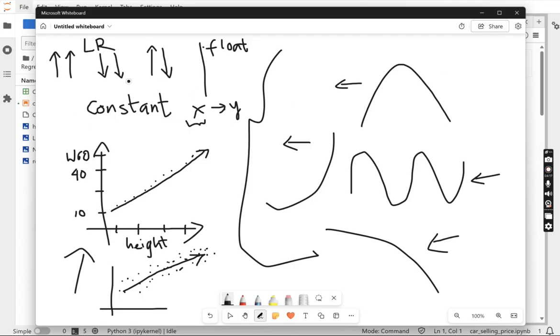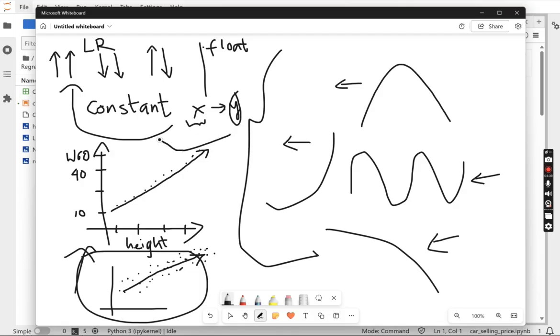What a linear regression algorithm is predicting is the y value when the given relationship is linear between x and y. It calculates y on the data, provided the relationship is linear.